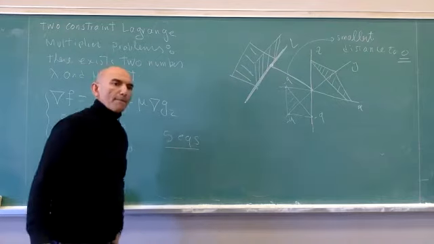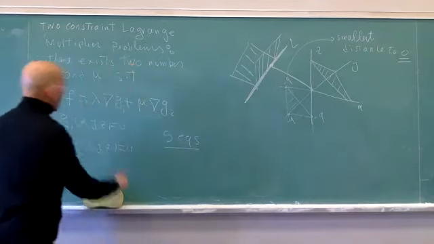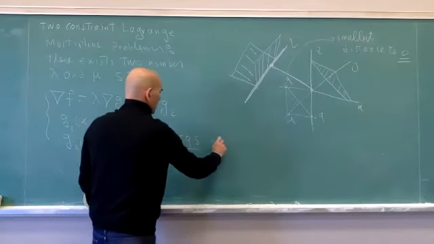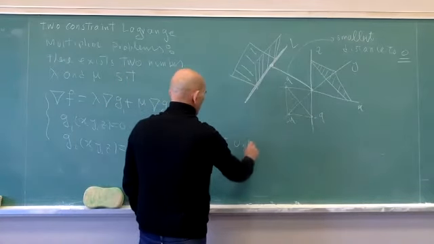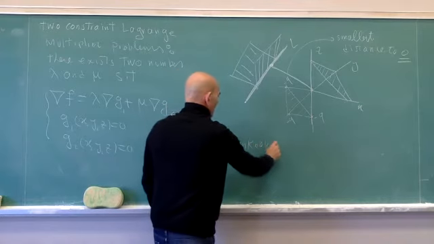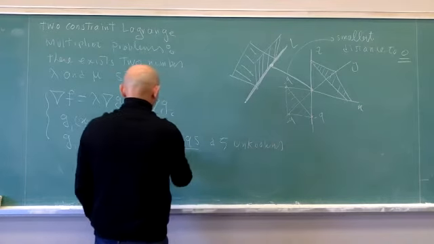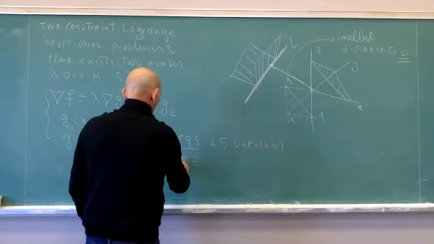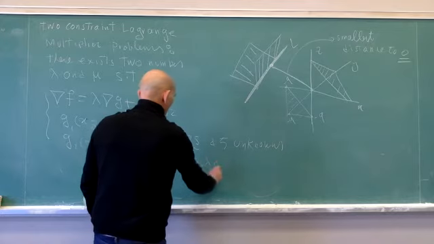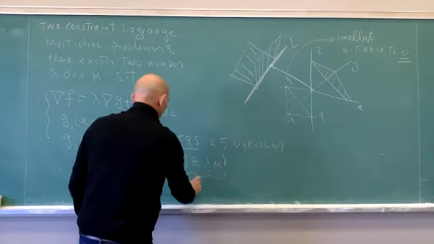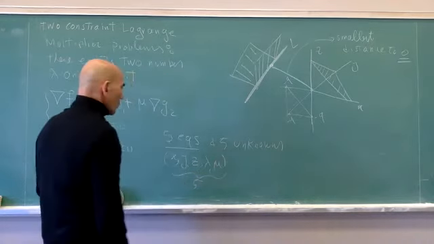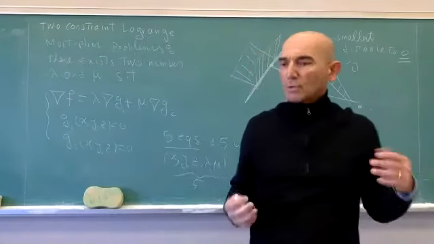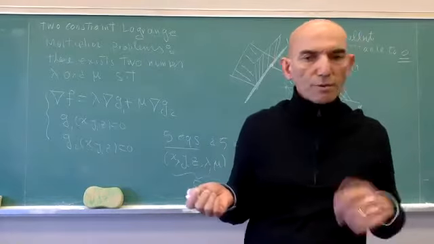The unknowns are x, y, z, lambda, and mu. So there are 5. At least the count is good because we have as many equations as unknowns, and there's a chance to be able to solve those.